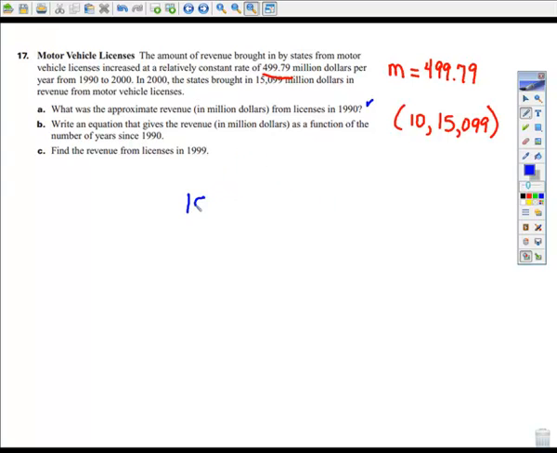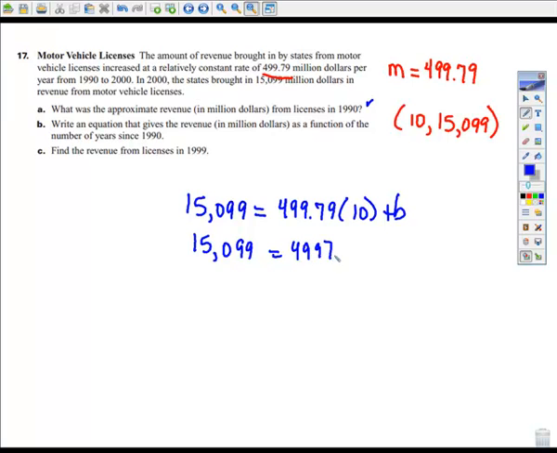So I will use the 15,099 as my y equals m, x is 10 plus b. So 15,099 equals 4,997.9 plus b.